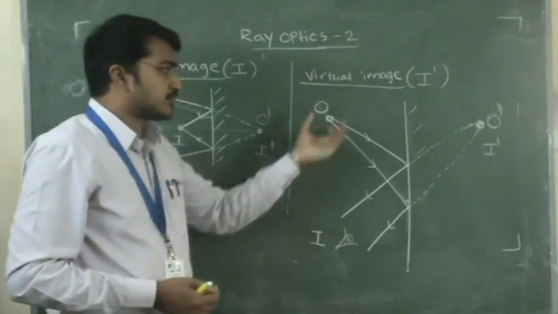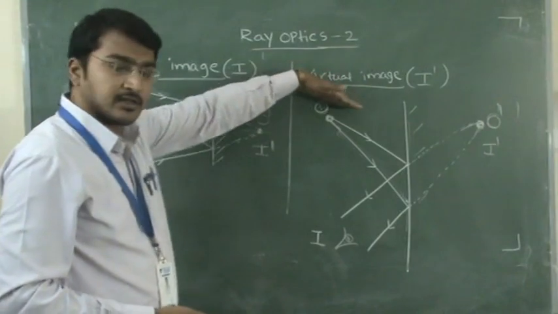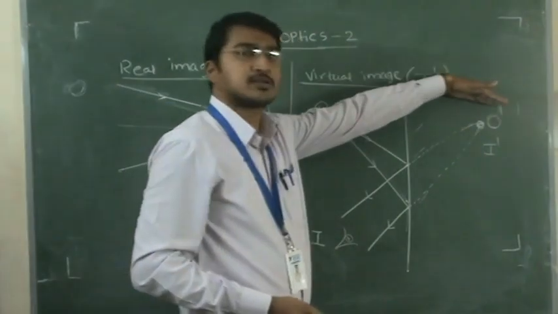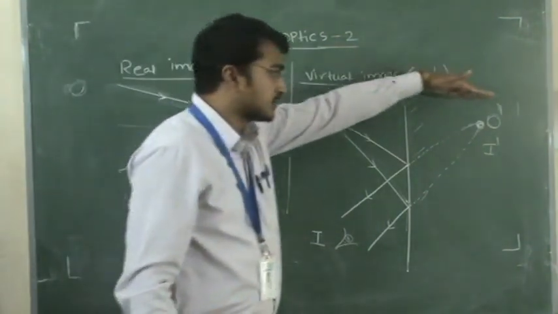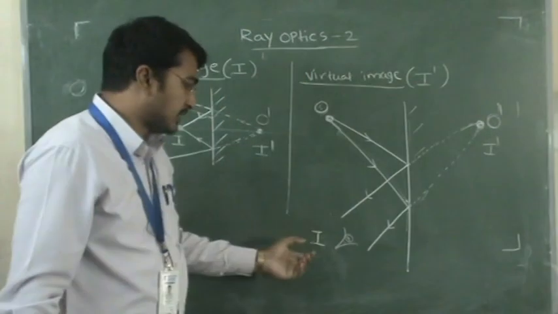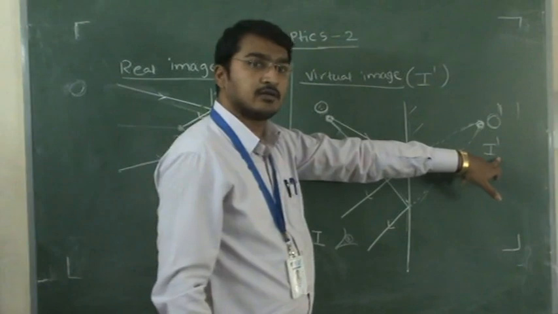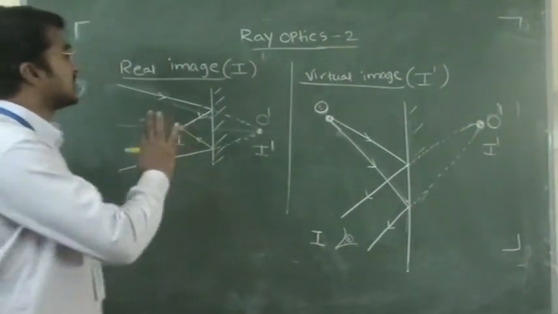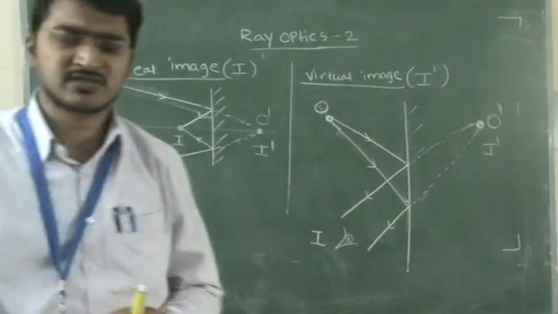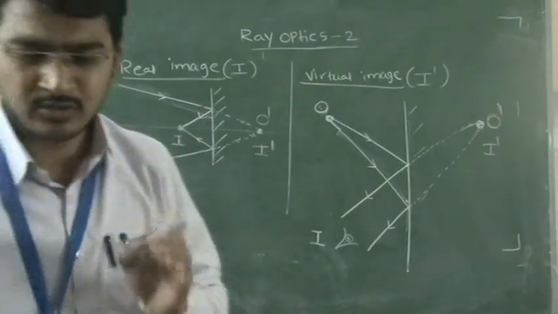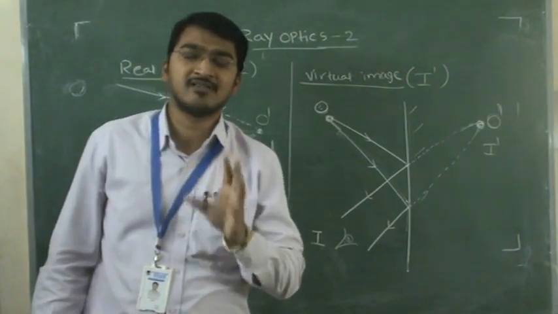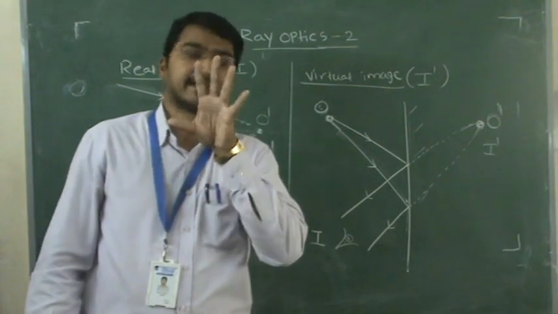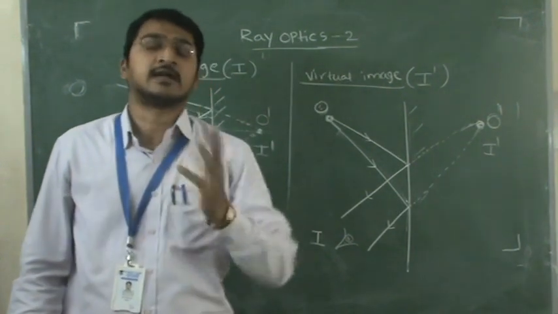When you take this point, consider the clear notes already given: object, virtual object, real image, virtual image. These are some points they may ask for 1 mark, but you should have an idea of what is real and what is virtual. Real we can always touch or capture, but virtual we can't.